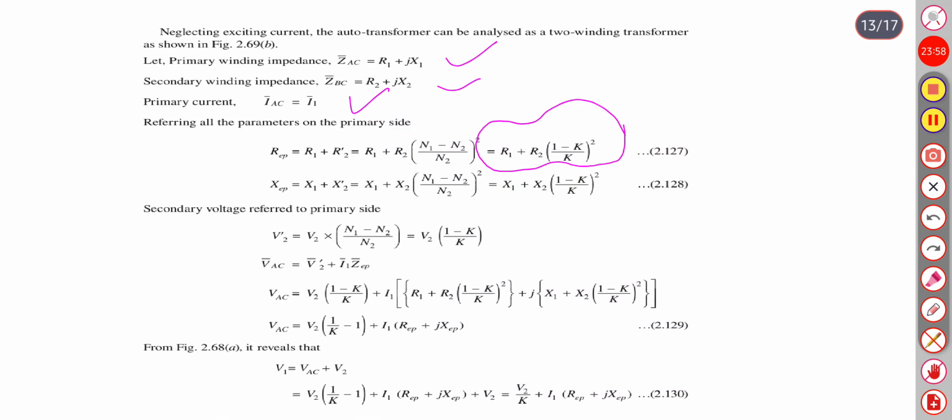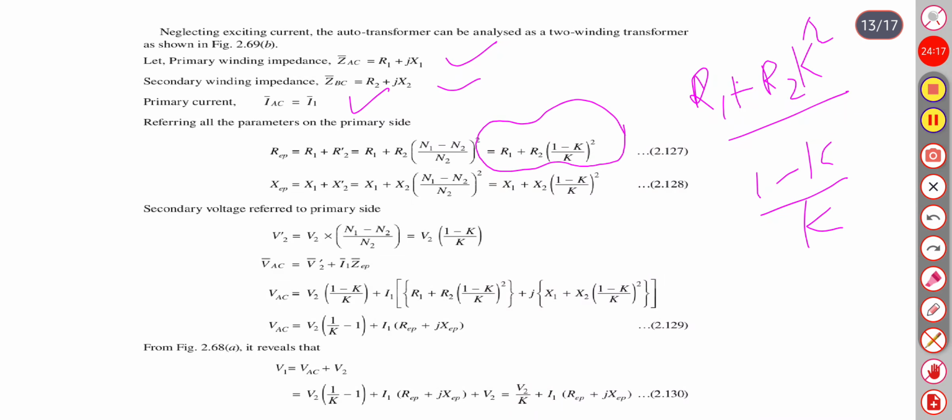In the single phase circuit we have seen R1 plus R2 K square, but in the case of an autotransformer this K will become (1 minus K) upon K. So the equivalent reactance will also become X1 plus X2 times this.